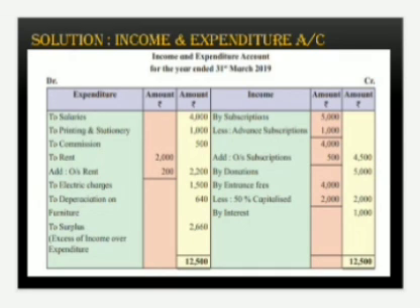Then we will go to the subscription side. Under subscriptions, what happens? 5000 we have received. Then we have to deduct advance subscriptions. Whatever we have received in advance, that is not for the current year.